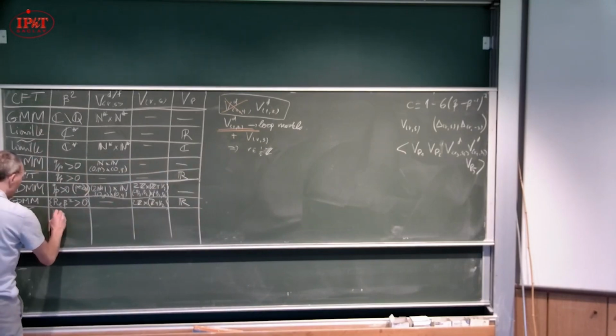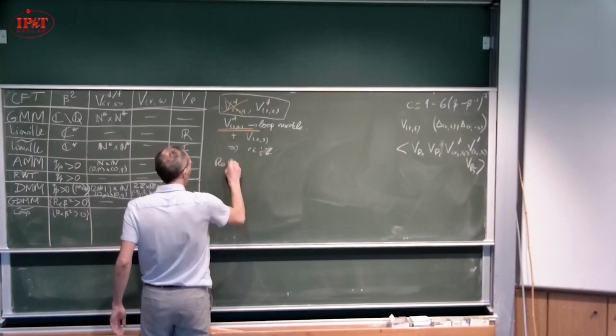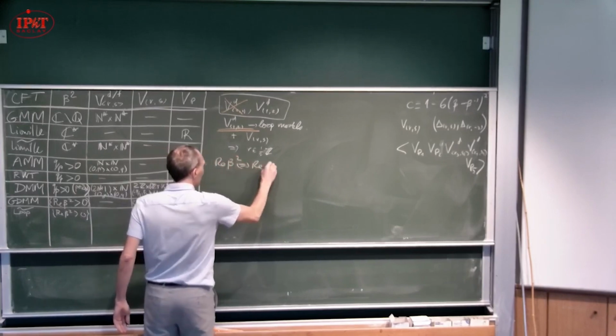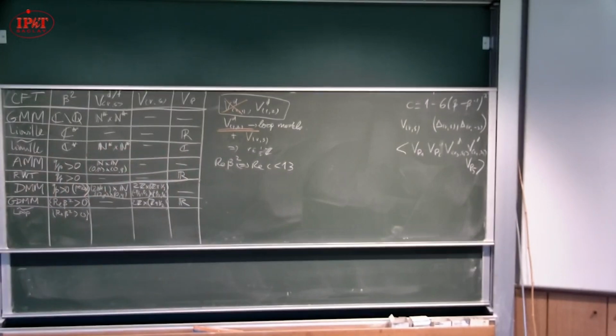We had this constraint that root beta squared is positive, and that's all we have as a general constraint. This was equivalent to real part of c less than 30, which, if you remember, was from the convergence of the operator product expansion.